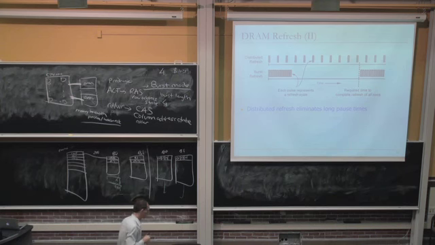Yes? Why not have a separate row decoder to do the refreshes? Cost. Right. If you have a separate row decoder, now essentially it's a separate port to your DRAM, right? And it's expensive. You don't have to have external pins. That's true.